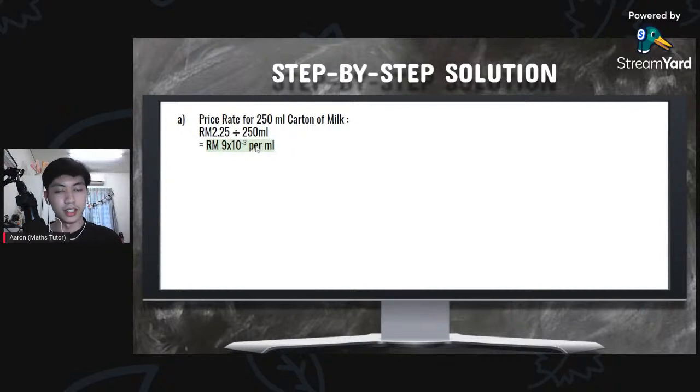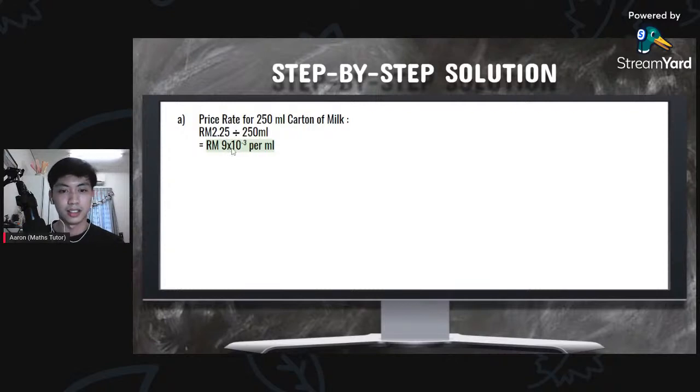This is the rate. That means for every ml of milk, you need to pay 0.009 ringgit. That is very little. So this is the rate.